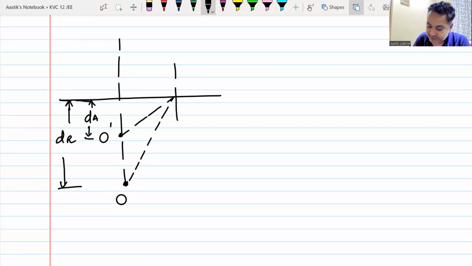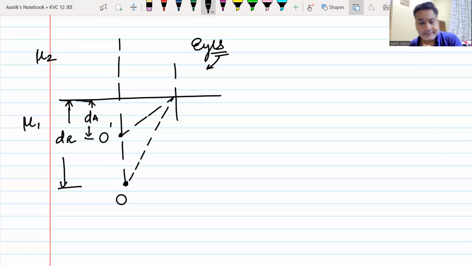This is one medium, you can call it mu1. This is the other medium, you can call mu2. Object is in one medium and you are watching it from the other medium, so eyes are here. Draw it. So we have real depth, we have apparent depth, and this distance is known as the shift or x.